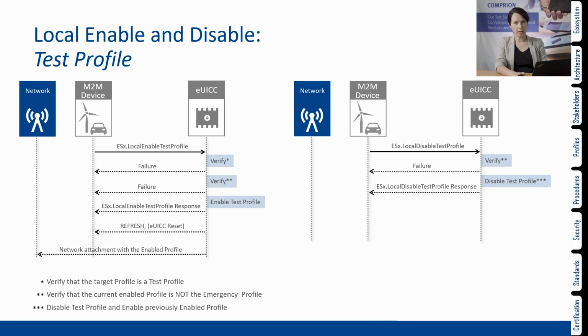And as I said already, in this case it's disabling the test profile and enabling the previously enabled profile, not the fallback profile, unless there is some connectivity loss. Then there is the refresh again, the EUSSC reset command being sent with a refresh, and network attachment with the enabled profile. Okay, that's all for the local enable and disable.